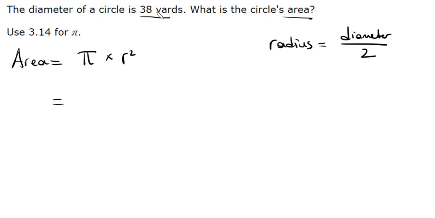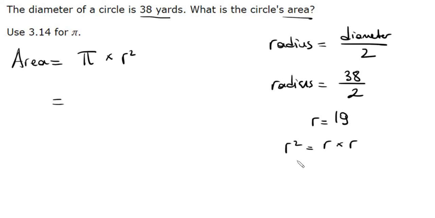The diameter is 38 yards, so the radius is 38 divided by 2, so r is 19. I need r squared, which is r times r, so 19 times 19.